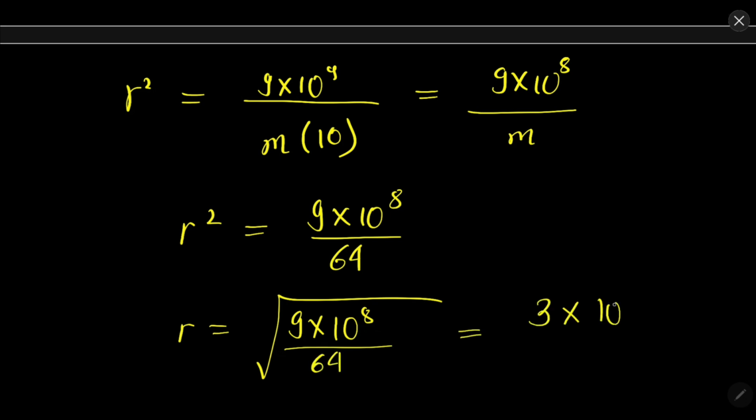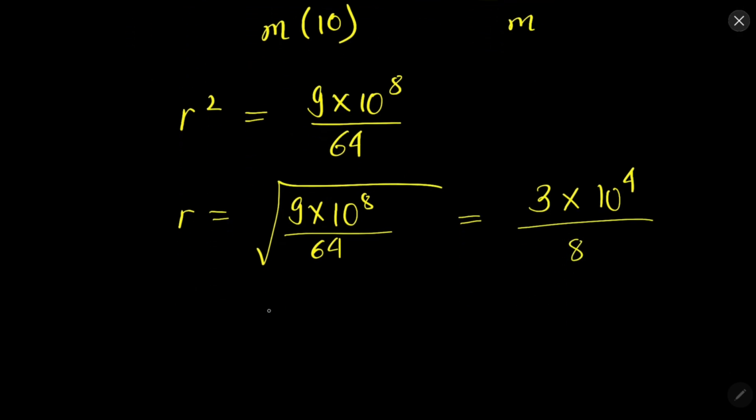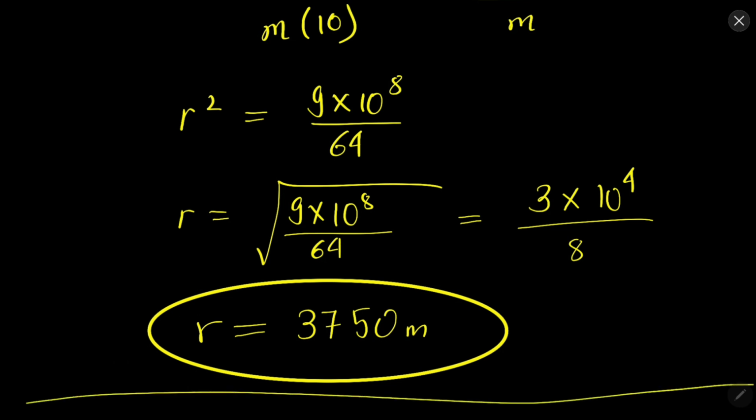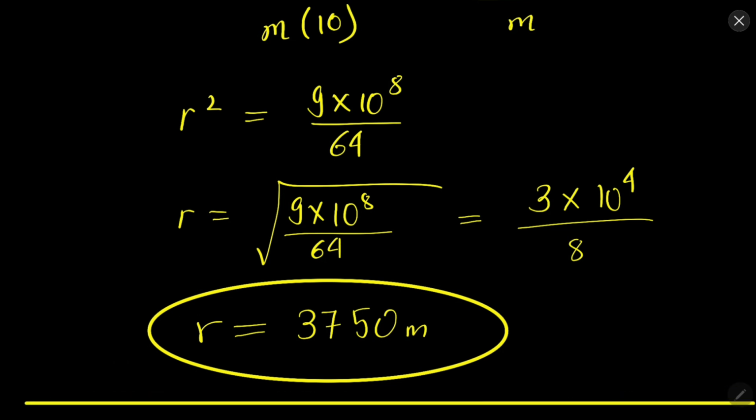So 3 into 10 to the power 4 upon 8. This will give you approximately 3750 meters. So if the force between two charges has to be equal to a weight, then the 1 coulomb charges are to be placed this much apart. It is approximately 3.75 kilometers apart.